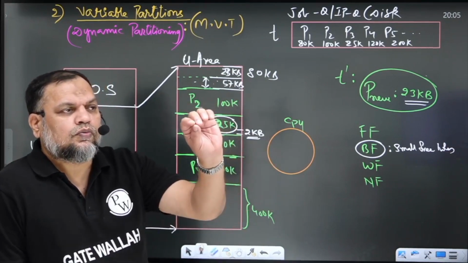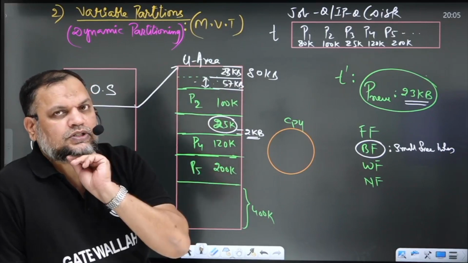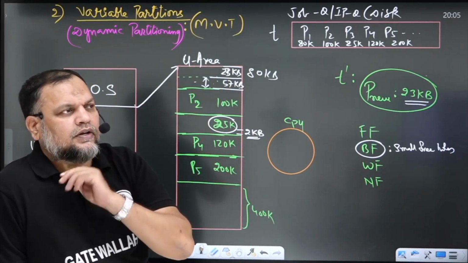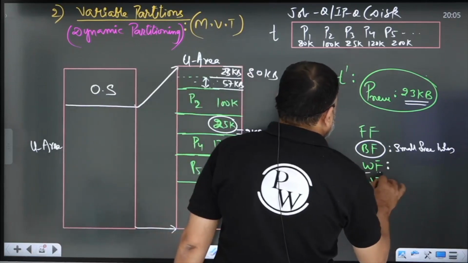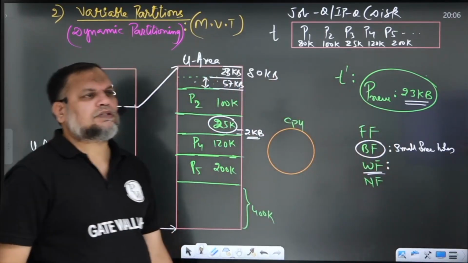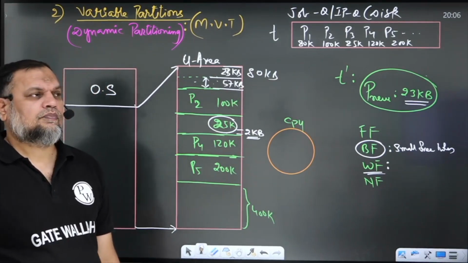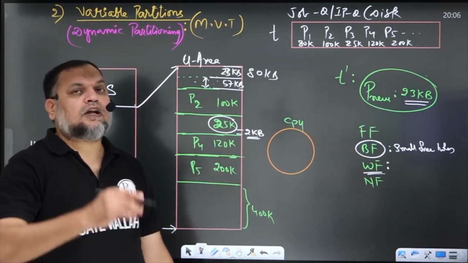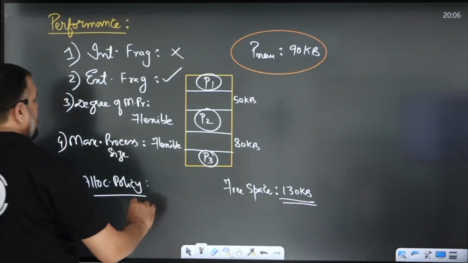So if you don't want to create small free holes, which allocation policy is superior here? Worse fit. Worse fit will create large free holes that can accommodate new processes. Therefore, I say worse fit is superior.